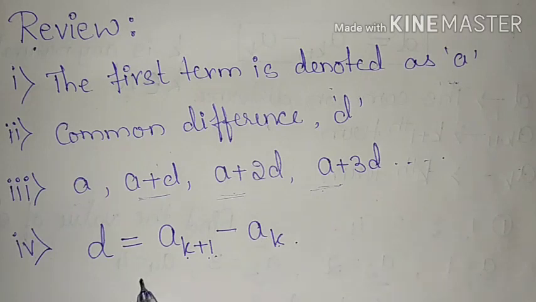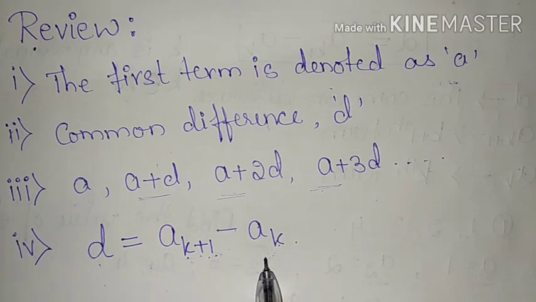And lastly, we also learnt about the formula to calculate the common difference for a given AP, that is d is equal to a_(k+1) minus a_k, where a_(k+1) means the (k+1)th term of an AP and a_k is the kth term of an AP.